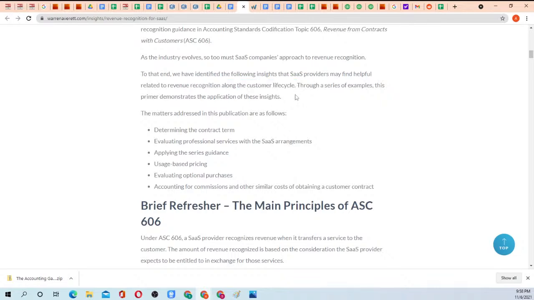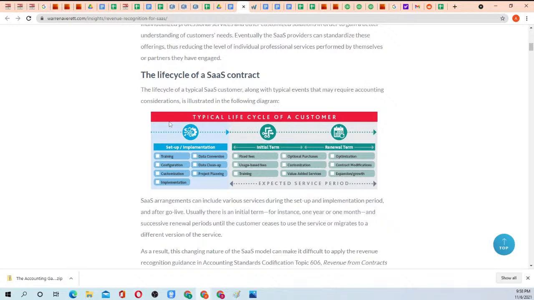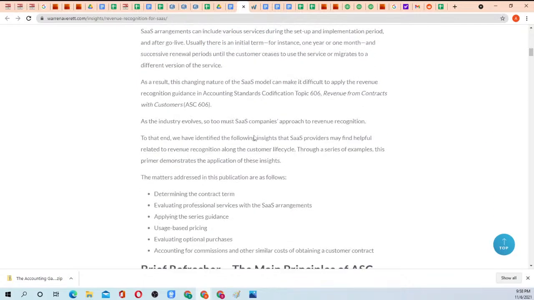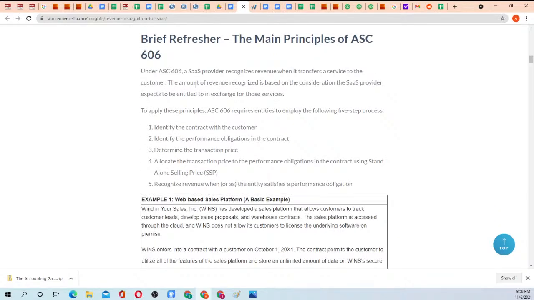That's important, because here is the customer life cycle: setup, initial term, renewal term. And basically, if you say that your initial term will cost $0, it will not mean that you will recognize $0 for that initial term. It most likely won't happen. You will have to allocate what you expect to get from the customer. You are expected somehow to allocate that along several terms.